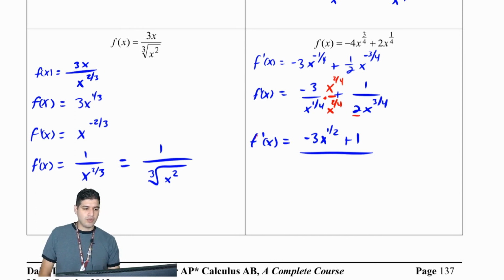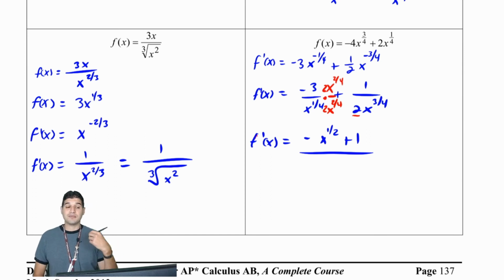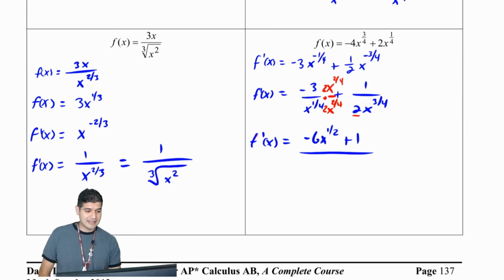So I'm also going to multiply my first fraction by 2 over 2 as well, just to keep that common denominator. So now I need to fix my numerator. So that's not going to be -3. I'm going to have -3 times 2, which is -6, x to the 1/2 plus 1. And now in my denominator, I'm going to have 2x to the 3/4.